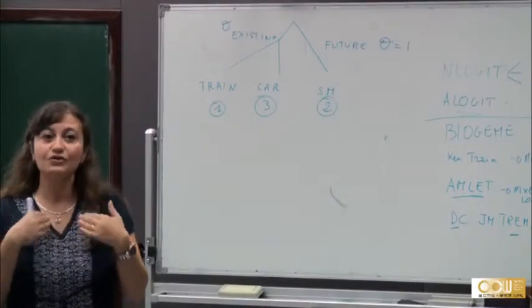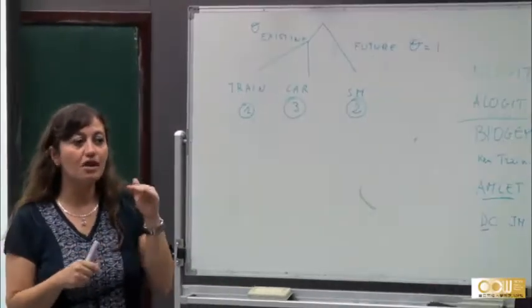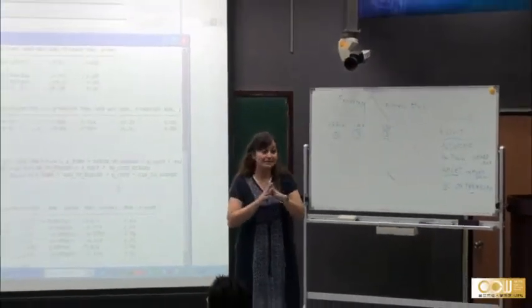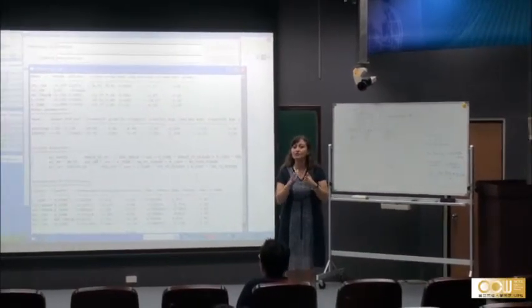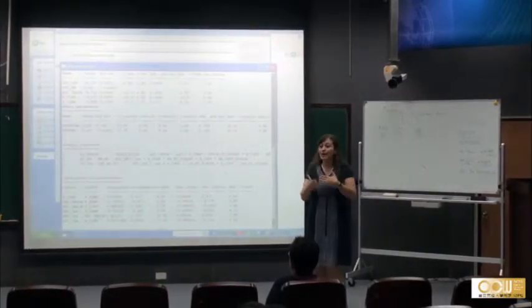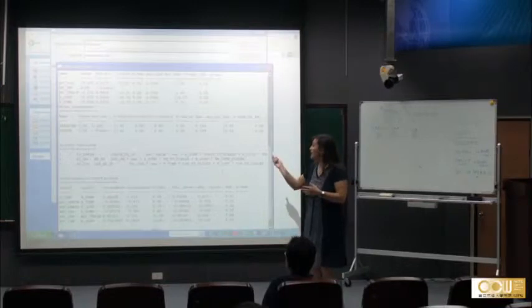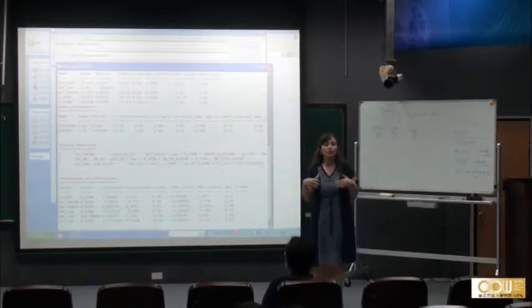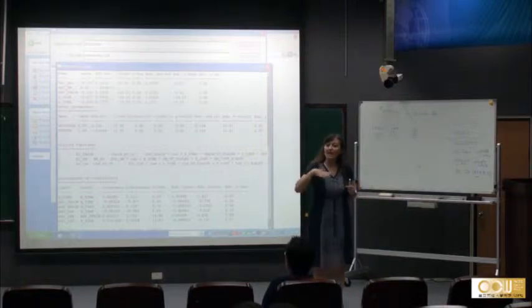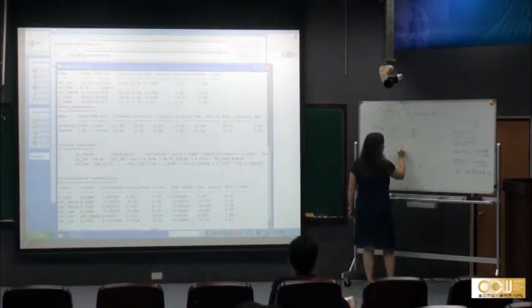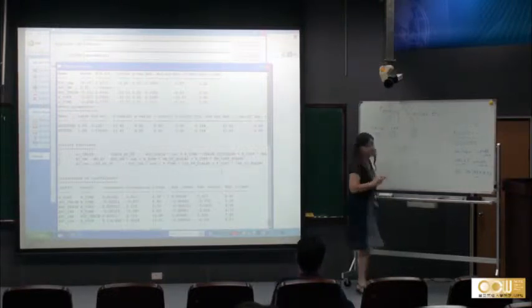The way I've taught you nested logit is normalized from the bottom to the top. Remember that I said for many years we have estimated nested logit that were not normalized. Now, taking into account the way you normalize this utility, this is completely equivalent to a nested logit which is normalized from the bottom, which I prefer because it gives you a theta which is between 0 and 1.